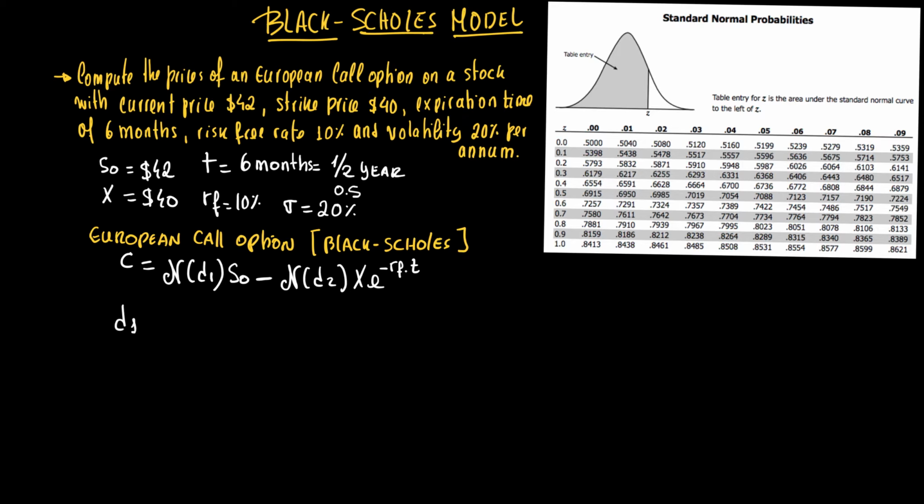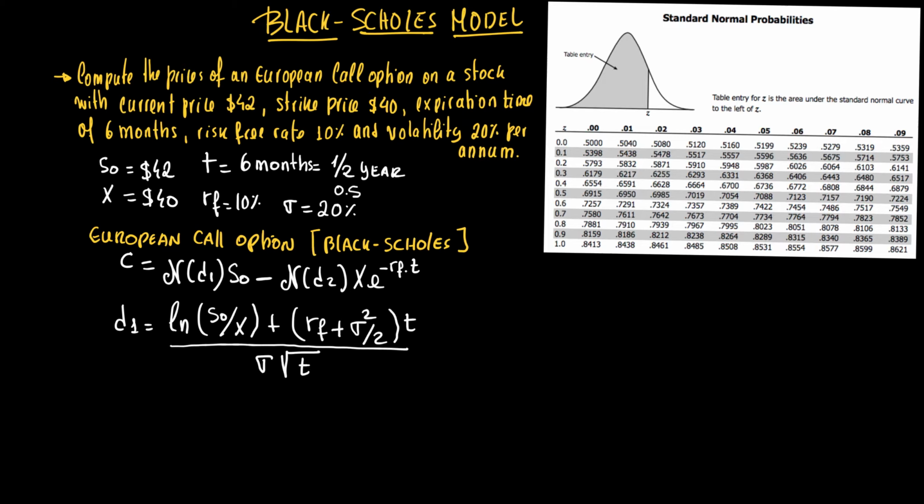D1 is the log of the ratio of the stock price and the strike price, plus the risk-free rate plus the variance of the stock divided by 2, multiplied by the time period T, and all of this divided by the volatility times the square root of the time period.